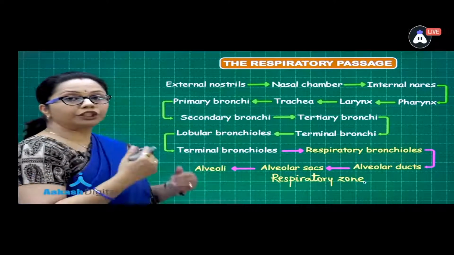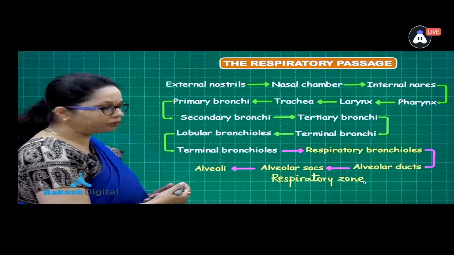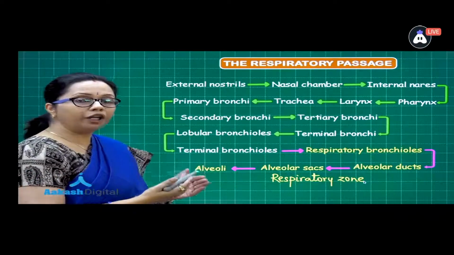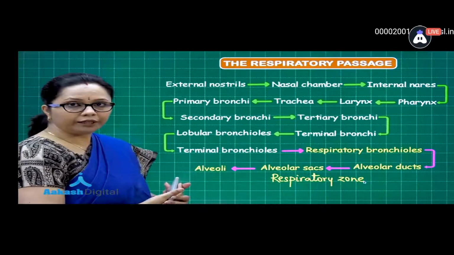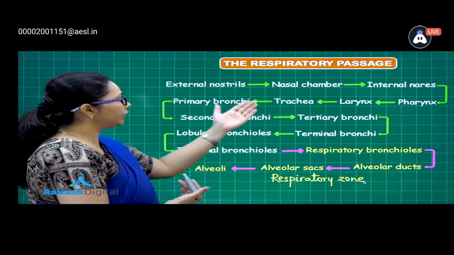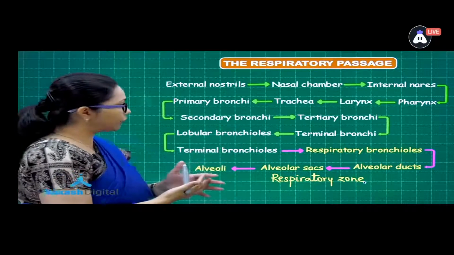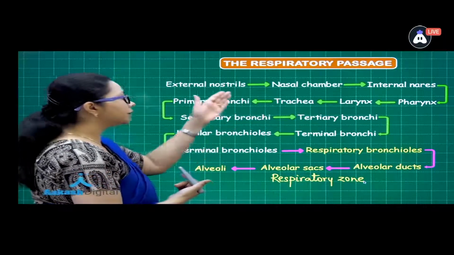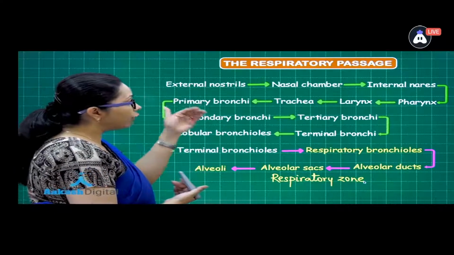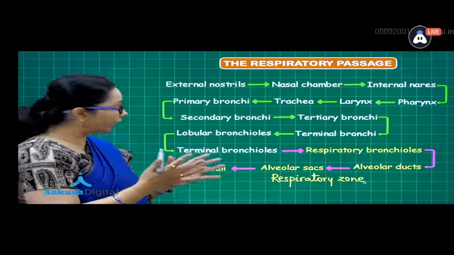Then as far as the histology of the respiratory tract is concerned, in case of trachea, we had seen that it is lined by pseudostratified ciliated epithelium, and it had cartilage rings. Now those cartilage rings are present in the primary bronchi also. So till where are those cartilage rings present?